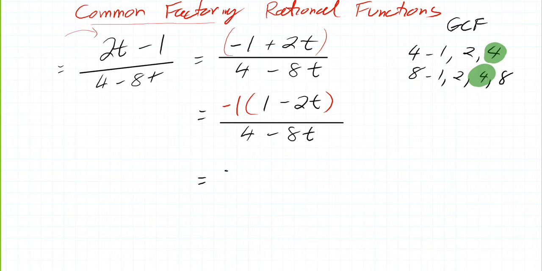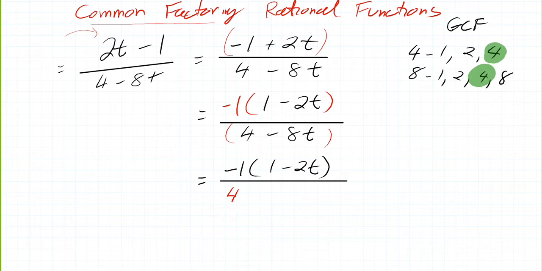So our numerator is staying the same at -1, 1 minus 2t. And then in our denominator, we're going to common factor out the value of 4. So we'll get 4 outside the brackets. And then 4 divided by 4 gives me 1. -8t divided by 4 gives me -2t.